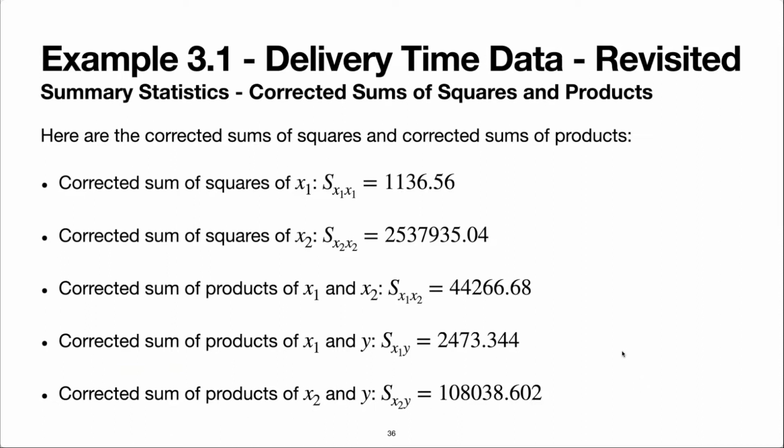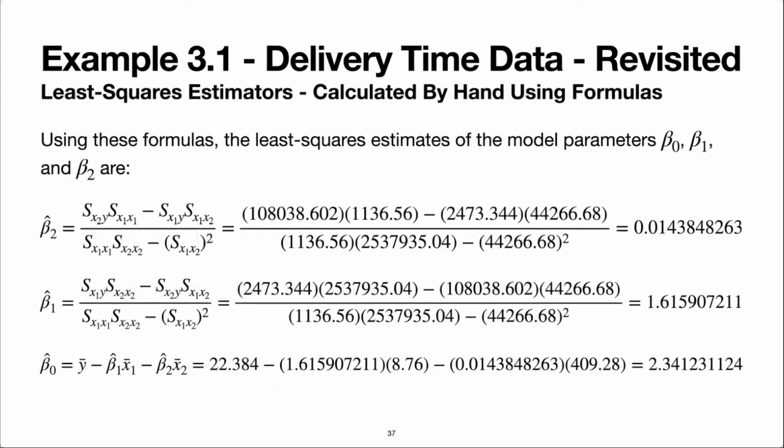So we've got the summary statistics, the corrected sums of products and the corrected sums of squares that we need. And so now we can plug these values into these formulas to get the least squares estimators of the model parameters beta 0, beta 1, and beta 2.